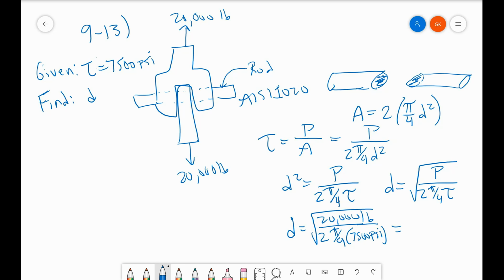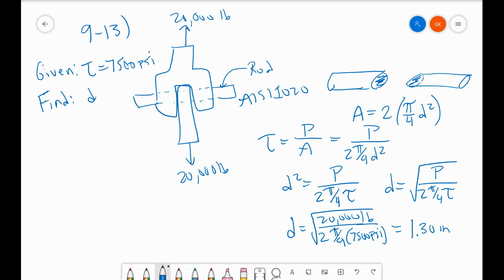And what I get is that this is 1.30 inches. We have to think to ourselves, well, it only comes in 1/8-inch increments, so what's the closest 1/8-inch increment rod we can get?